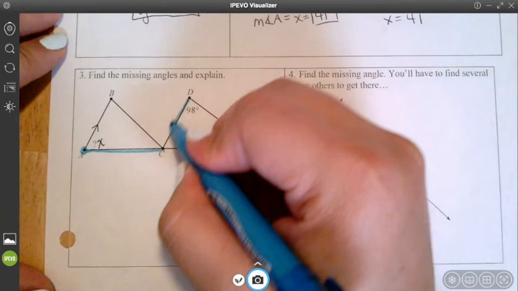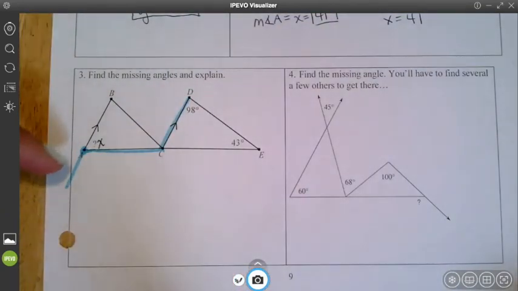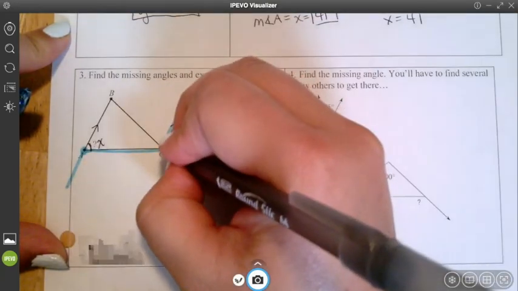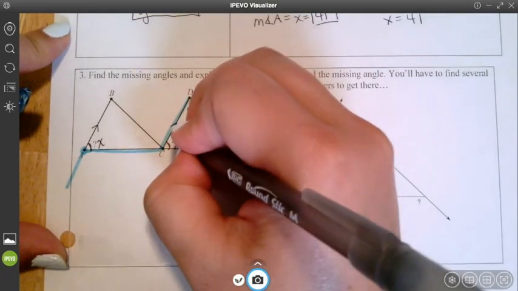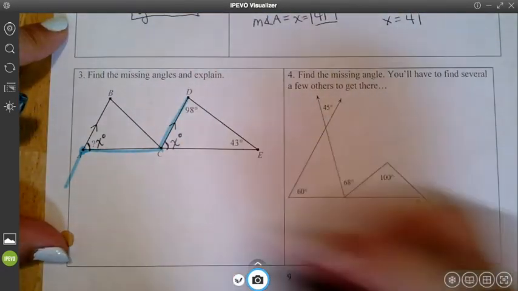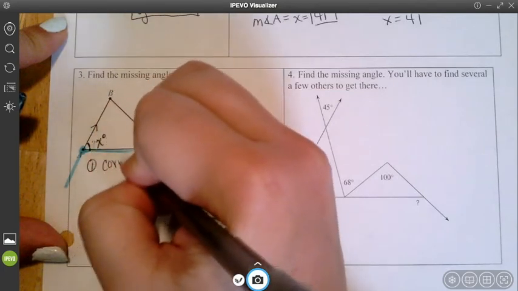And so we say, here is my z. Notice I had to create the extension of that angle. And so now we can see that this is a corresponding angle to angle DCE. So we said first, corresponding angles.